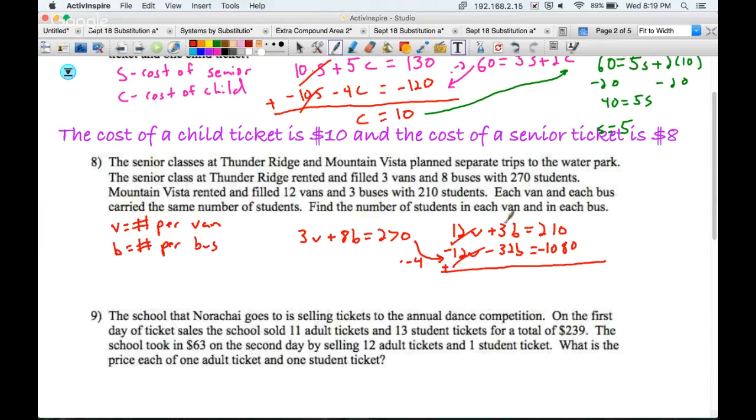The vans eliminate. This becomes a -29b. And this here becomes 210 minus 1,080, -870. Divide by negative 29, divide by negative 29. So 870 divided by 29 is 30 people per bus. So B equals 30.